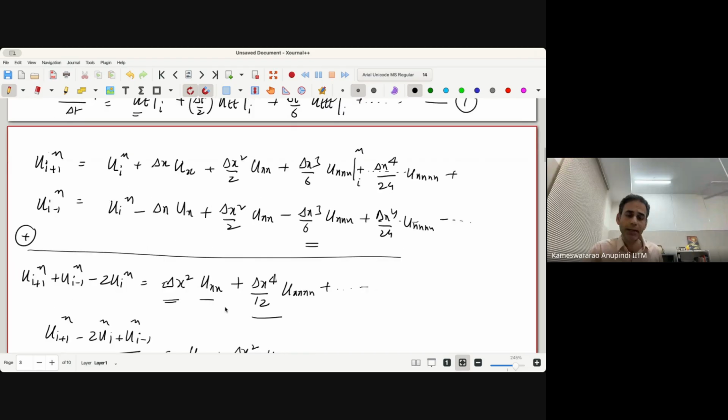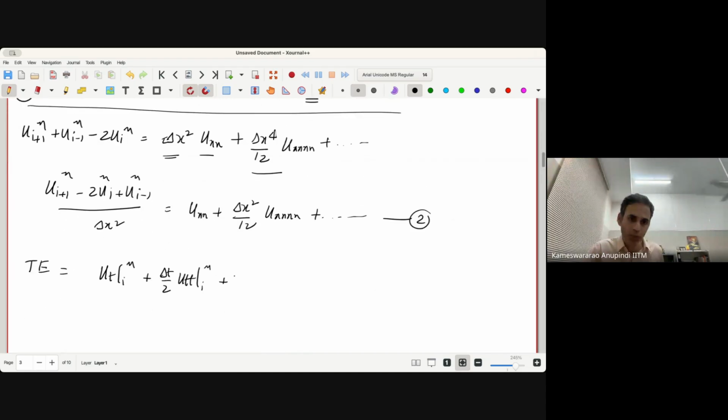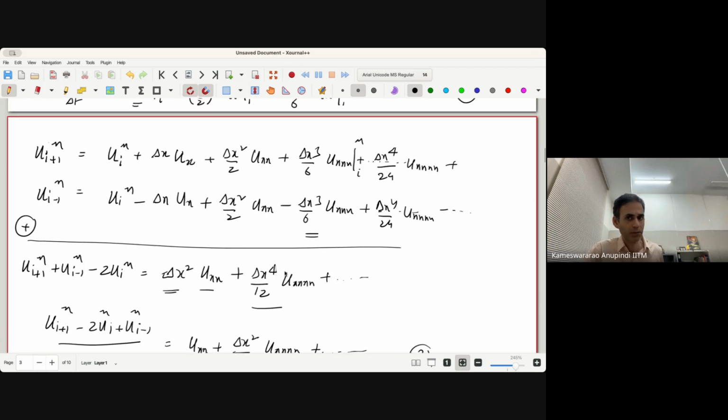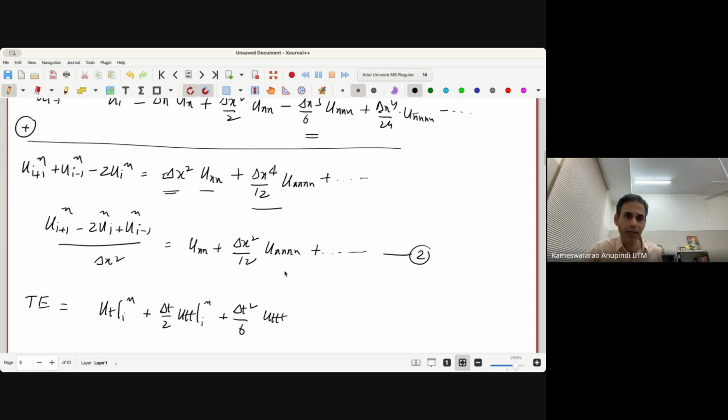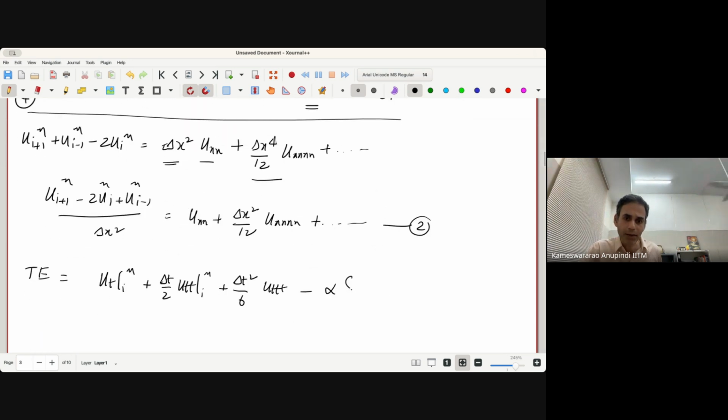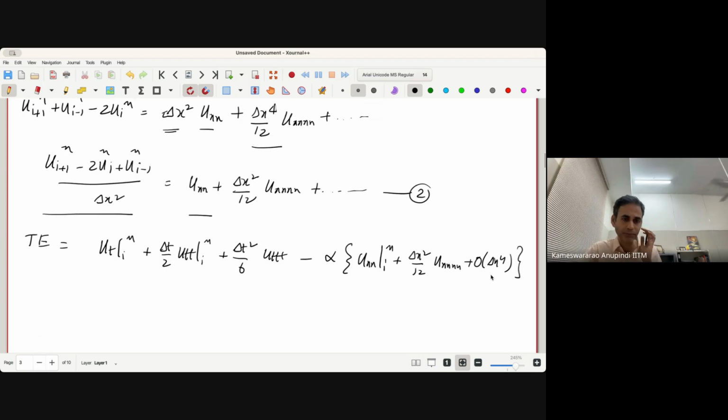Then delta t square by 6 u_ttt, and then minus alpha times this quantity, which is replaced with what is there on the right hand side. This is going to be u_xx, again at i comma n, plus delta x square by 12 u_xxxx, and then order delta x to the power 4. That's what we'll get as the next term.